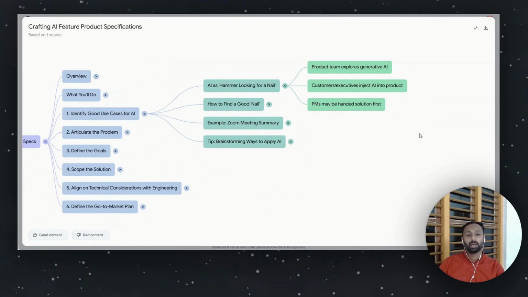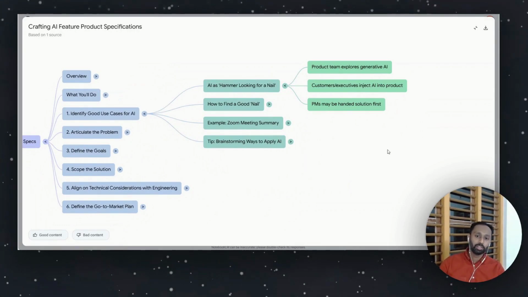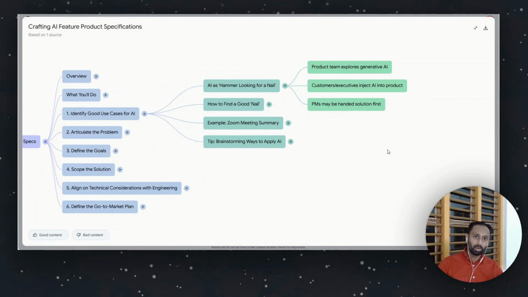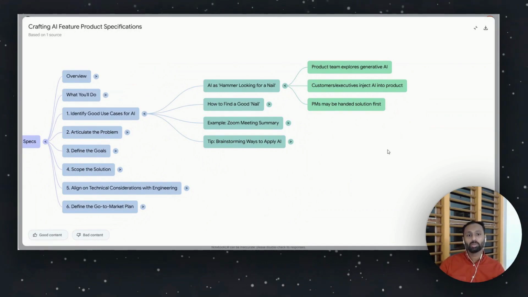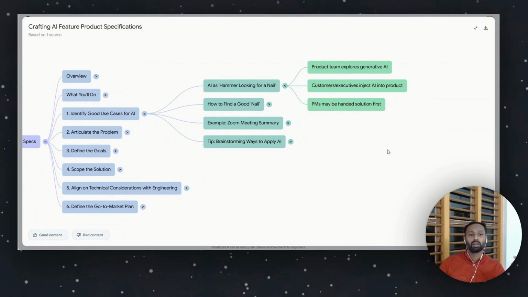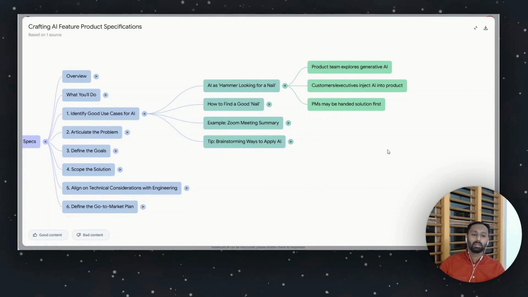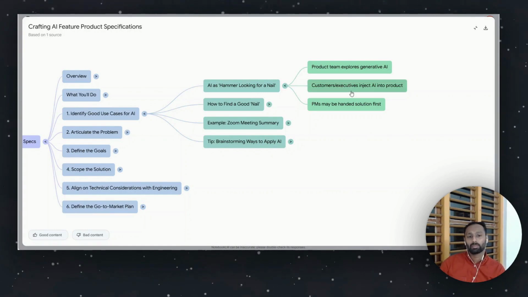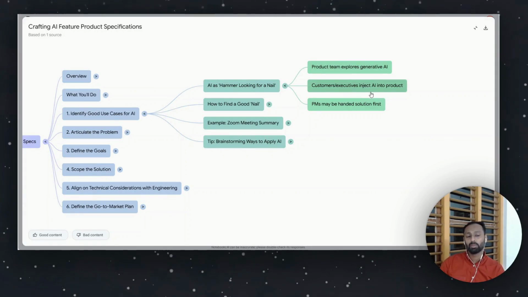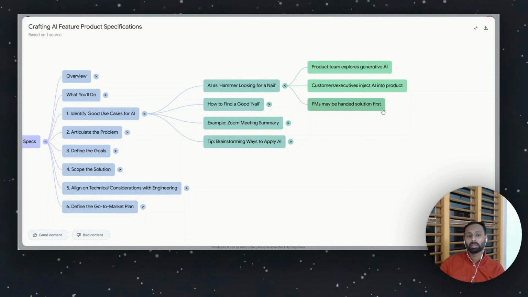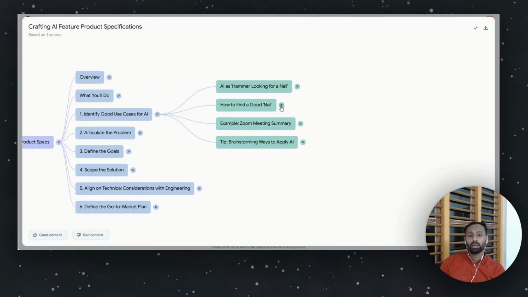It should always be that you are solving a problem using AI, right? Product teams explore generative AI, customers and executives inject AI into products, PMs may handle it solution first. Let's look at this in detail, right?